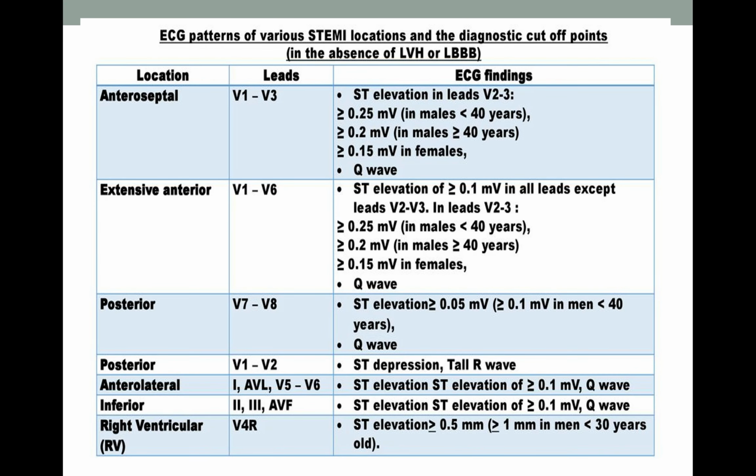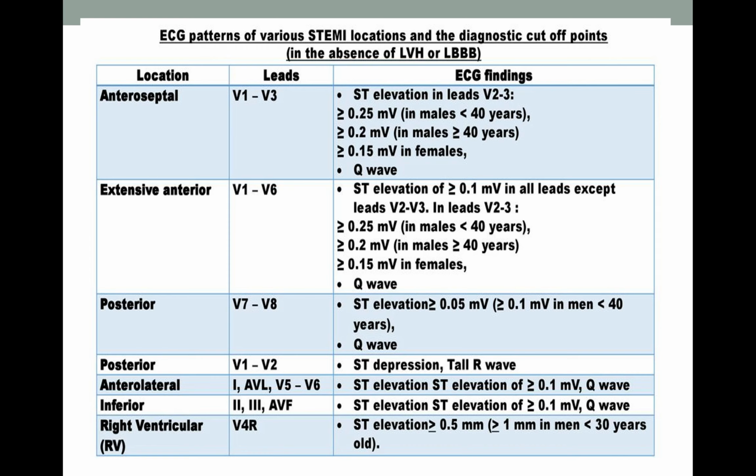Okay, so this is a bit more specific into the ECG findings as well as the location and leads lah. As mentioned just now, the definition for how you diagnose through the ECG would be more than 1 mm in 2 contiguous leads. But except for leads V2 and V3, there's a more specific definition lah. For leads V2 and V3, according to the age group, there'll be different numbers lah.